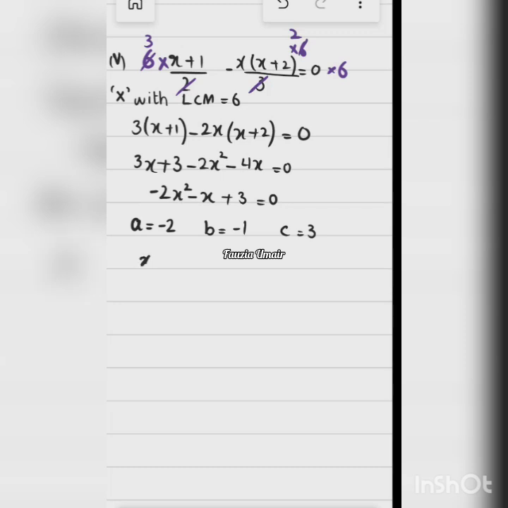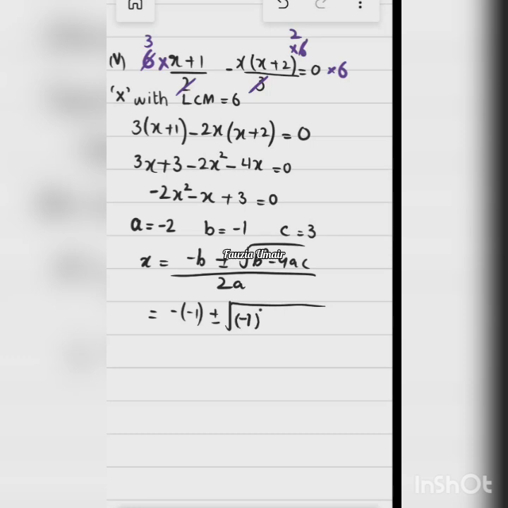So now we will write down the formula because x is here: x is equal to minus b plus minus square root of b square minus 4ac, divided by 2a. Now just put the values, minus into minus 1. Use brackets so that you are easily familiar with the sign later on. B square will be minus 1 whole square, minus 4 into minus 2 and c is 3, divided by 2 into minus 2.